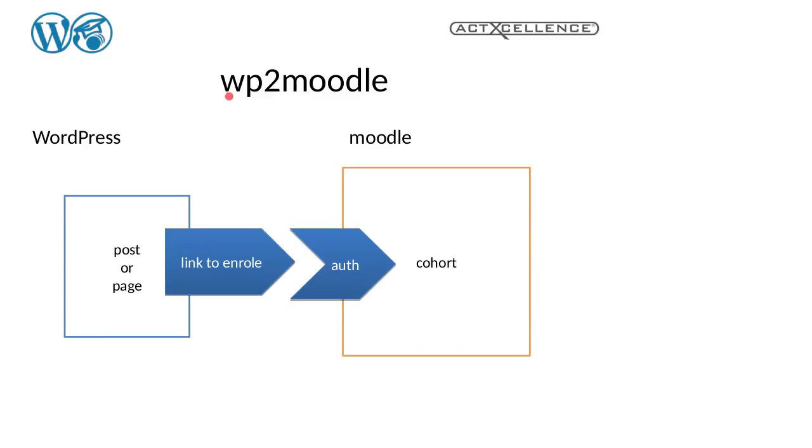I found WordPress to Moodle, WP to Moodle, as a plugin on GitHub. It's open source, and on any WordPress page, you can add a link because of the WordPress part of the plugin, and you have an authentication plugin on the Moodle side, and the user will be enrolled, not in a course, but will become member of a cohort.